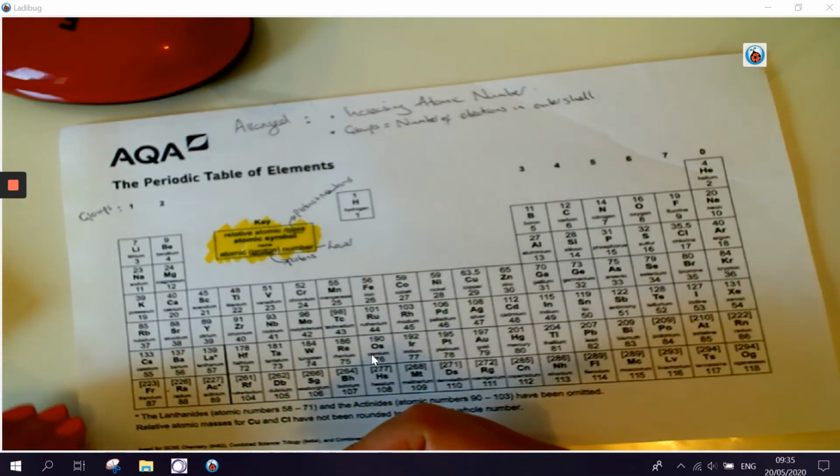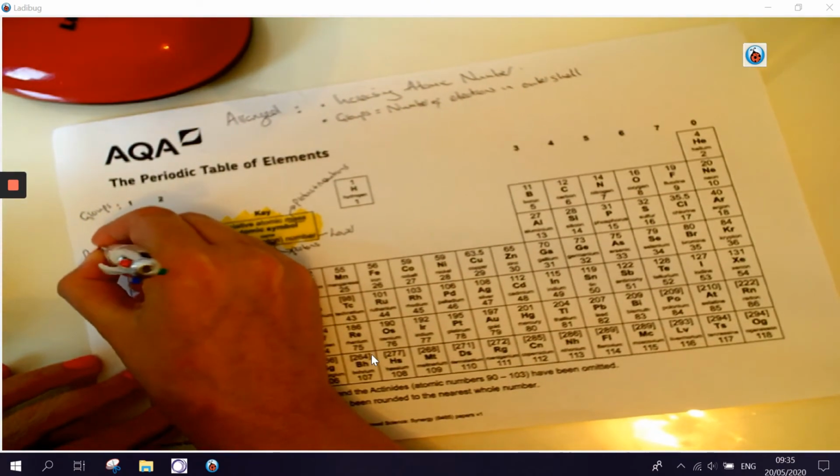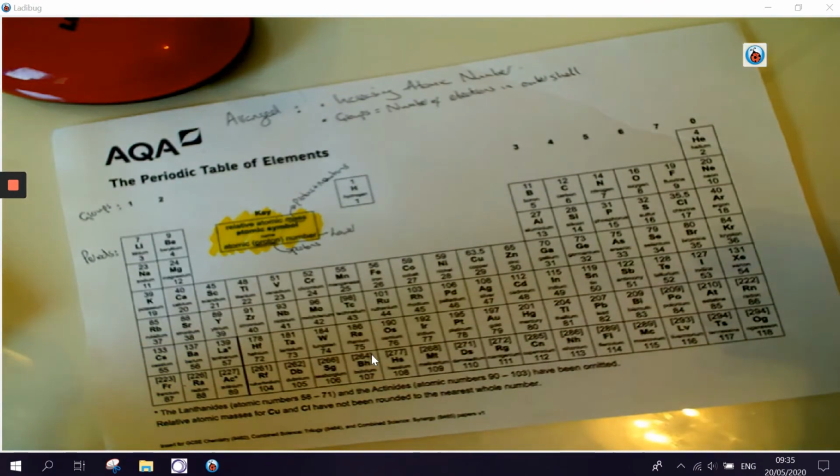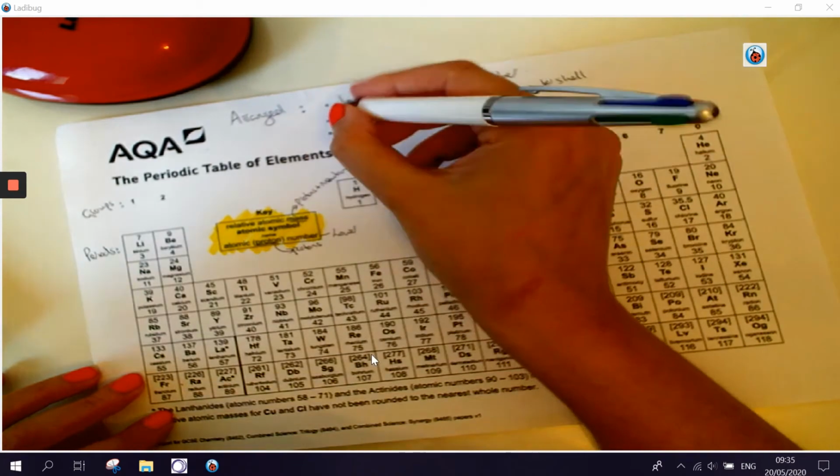The next thing we need to know about is the periods. The periods represent the number of shells that each element has.